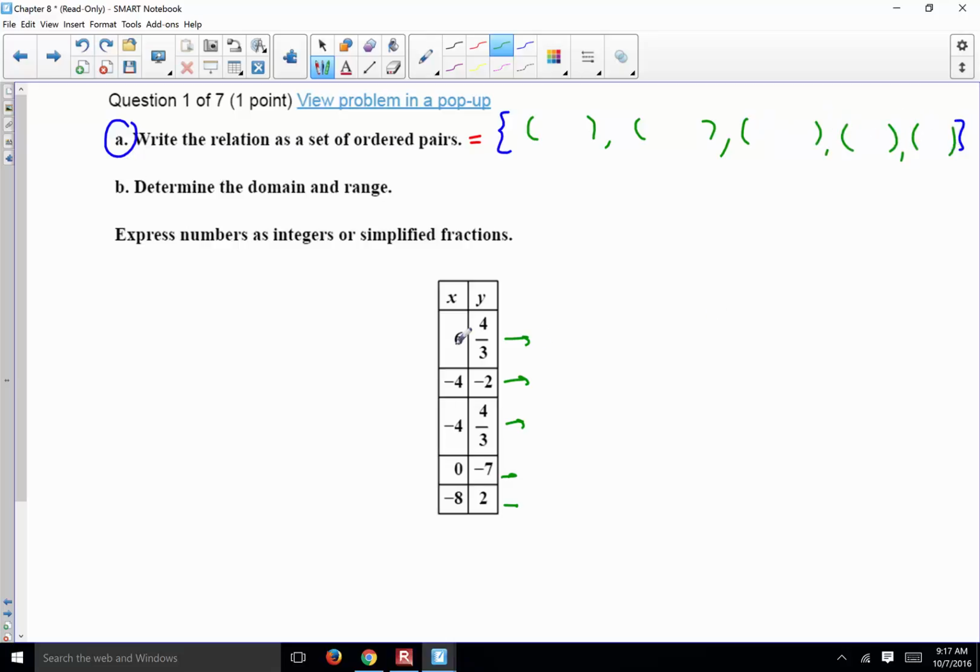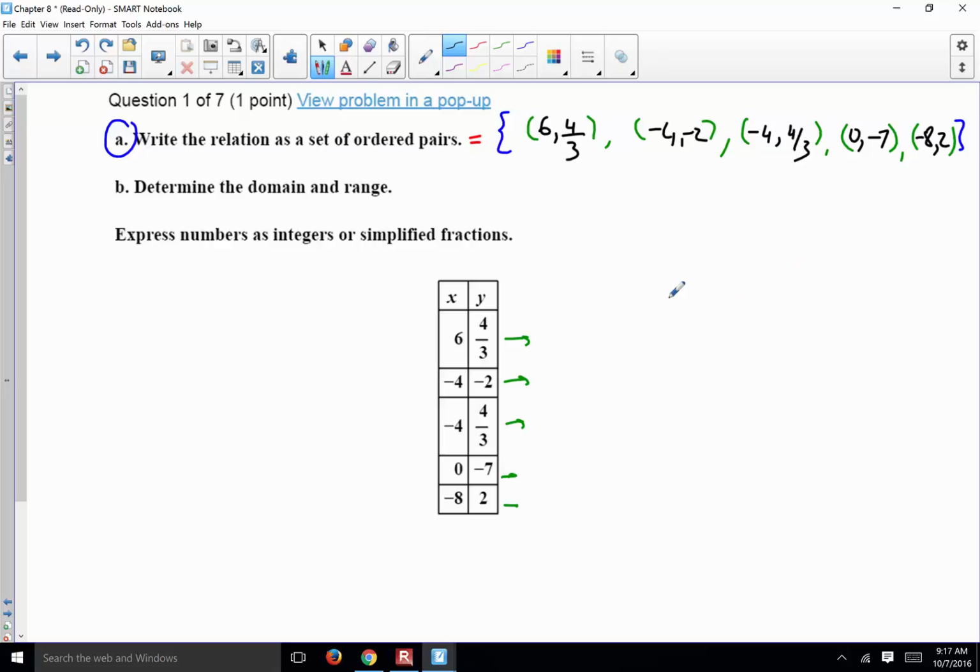I need 5 parentheses. Column 1, column 2 goes accordingly. Column 1, column 2: minus 4, minus 2, minus 4, 4/3, 0, negative 7, negative 8, 2.